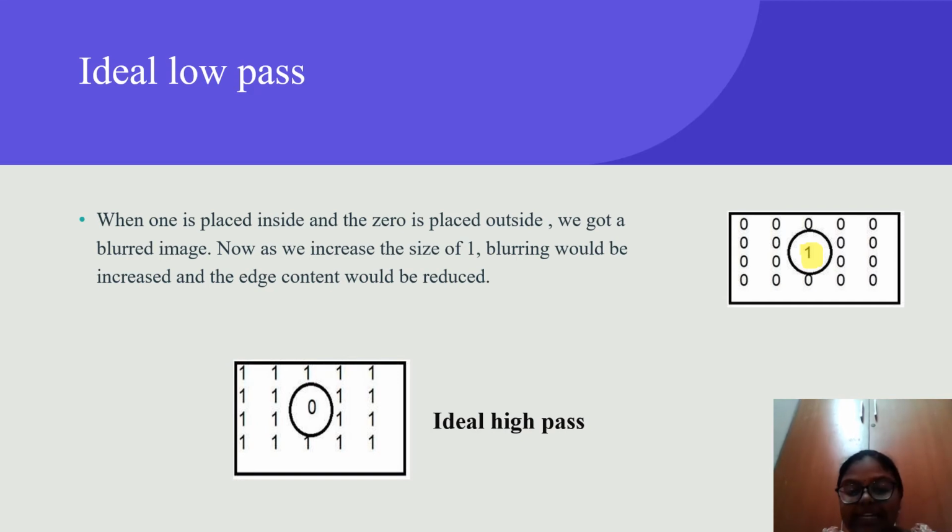When one is placed inside and zero is placed outside, we get a blurred image, which means ideal low pass filter. As we increase the size of the one region, blurring increases and the edge content is reduced.